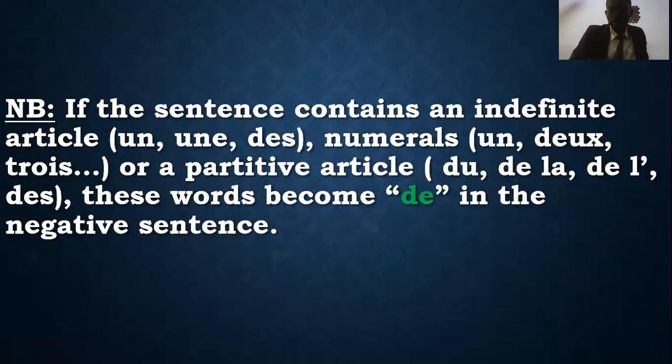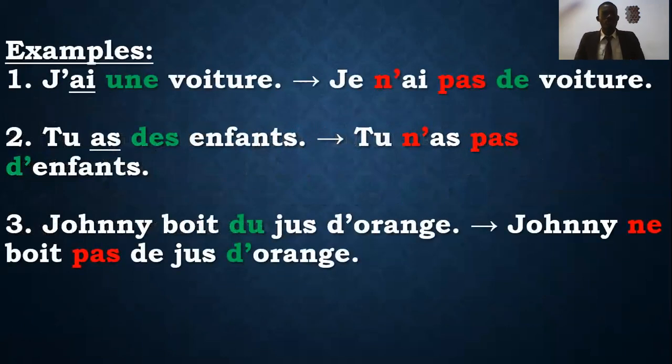Let's find some examples here. J'ai une voiture. I made sure I use a green color for the indefinite or partitive or the numerals to show the difference. And the red is still for the negative. J'ai une voiture. I have a car. Negative.